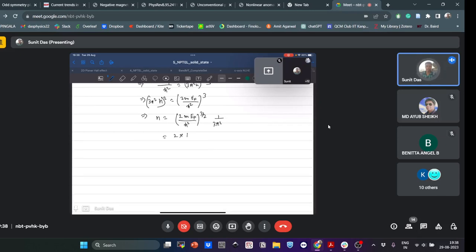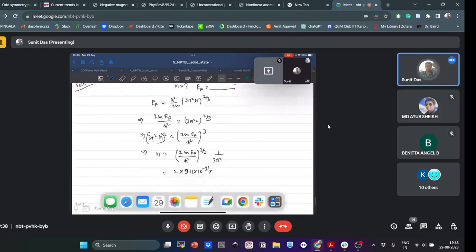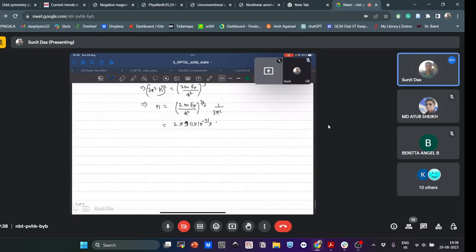Mass of electron is 9.11 times 10 to the power minus 31 kg, and the given EF is 5.54 eV, but we need to convert it into joules, so times 1.6 times 10 to the power minus 19, divided by ħ², and this is under (2m/ħ²)EF to the power 3/2 times 1 by 3π².